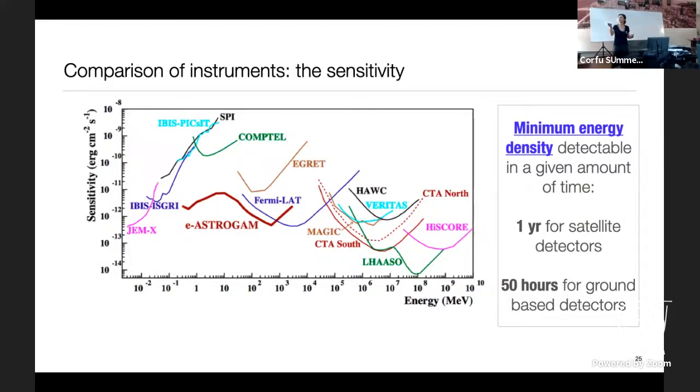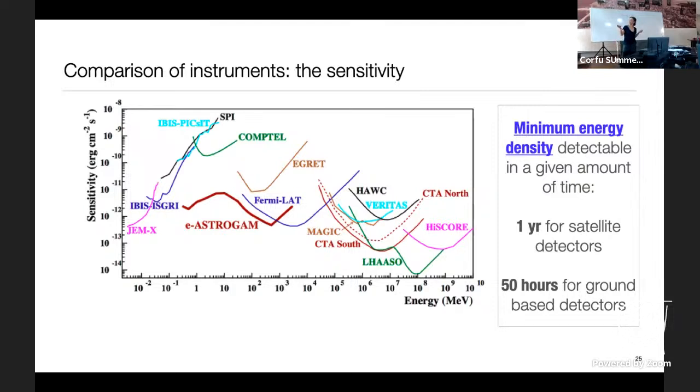This is the spectral energy distribution plot, but looking at what is the minimum detectable signal from every single instrument, okay? So in this plot, what is the best, the most sensitive instrument? Tell me.